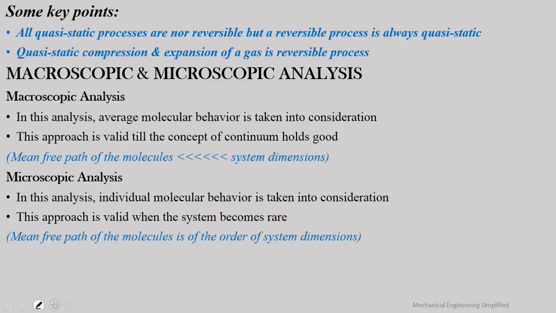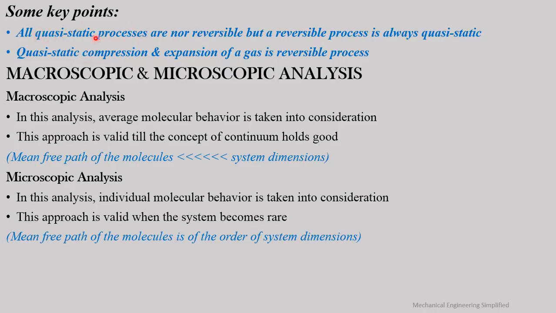Okay, then we have quasi-static. We have some important points. All the quasi-static processes are not reversible. Please make it clear: not all quasi-static processes are reversible, but a reversible process is always quasi-static. What is a quasi-static process? That which occurs infinitely slow.